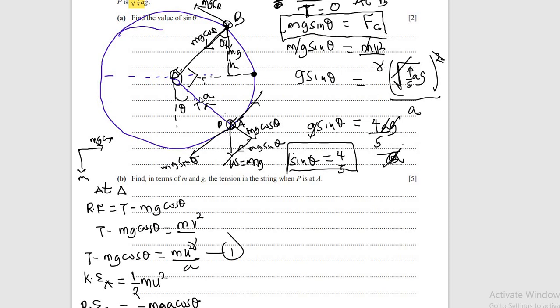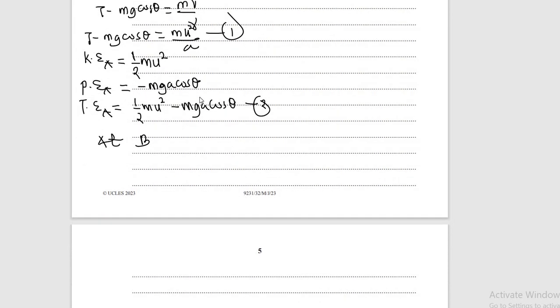OB is the radius a, and the string is at an angle theta with the horizontal. So let's get the height. Sine theta is the opposite over hypotenuse. From that diagram, sine theta is h over a. So h in this case is a sine theta. So at B, potential energy is mgh, and h here is a sine theta.